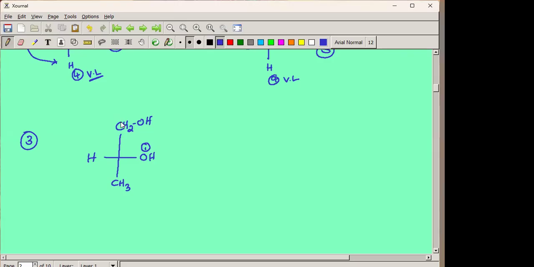Then we go with the adjacent connectivity: hydrogen, hydrogen. So here one oxygen is there. Here there is no oxygen. So that's why this is the second priority group. This is the third priority group. This is the fourth priority group. But the fourth priority group is present on the horizontal line. If the fourth priority group is present on the horizontal line, what happens? The RS nomenclature will be changed. So the rotation is 1, 2, 3. This is also in anti-clockwise direction, but the configuration is R.